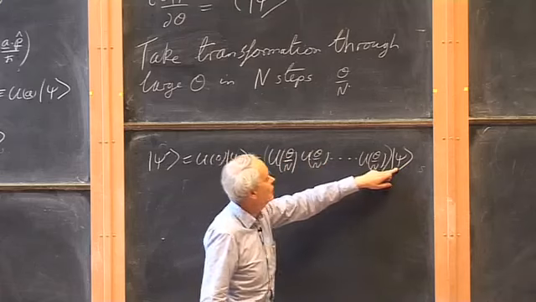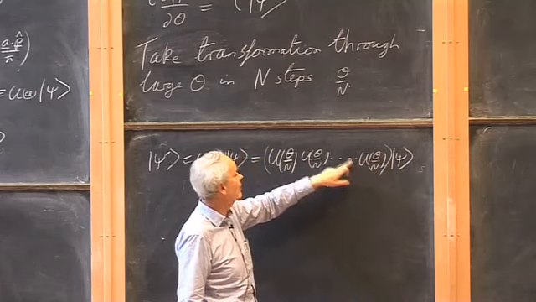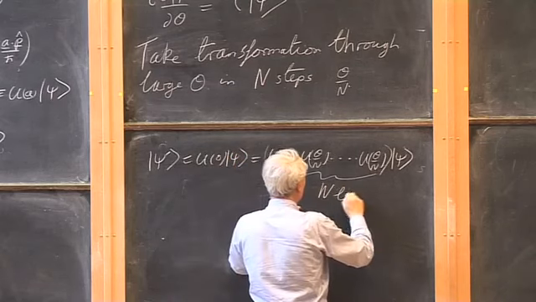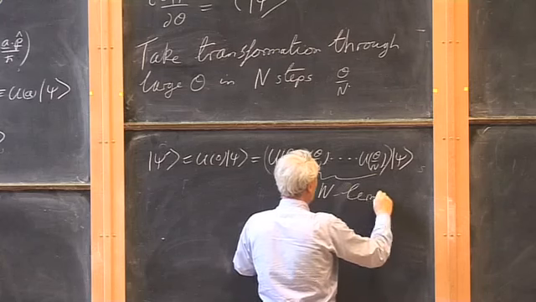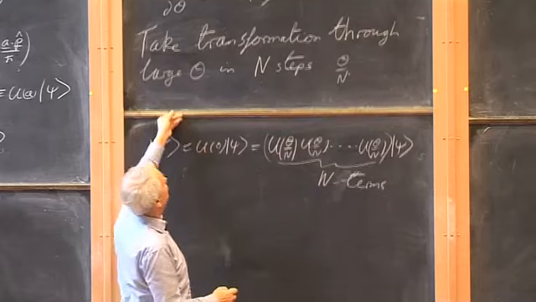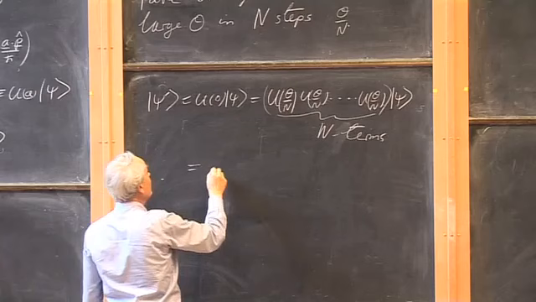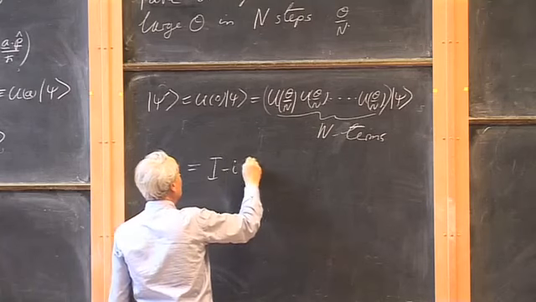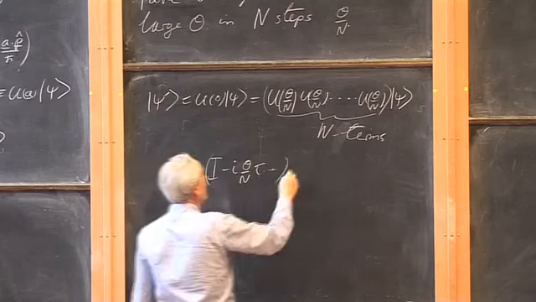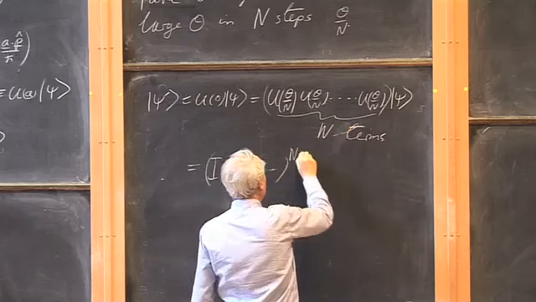So we make a transformation by an amount theta over n, and then another one theta over n, so there are n terms. And each one of these u's, we can use that natty formula up there because for each one of these theta over n is small, so this can be written as 1 minus I theta over n tau plus stuff which we're going to be able to neglect. This is raised to the nth power because there are n of these terms on a psi.